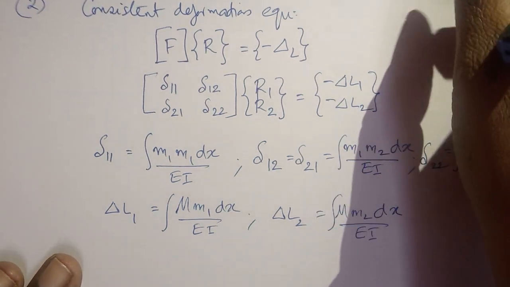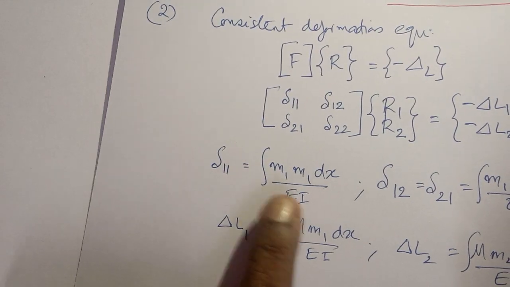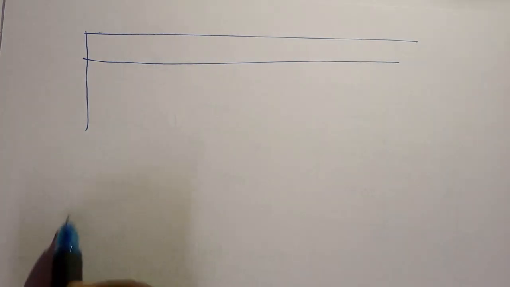To calculate these, we have to form the expressions for M1, M2, M and so on. So we'll divide the beam into different portions.